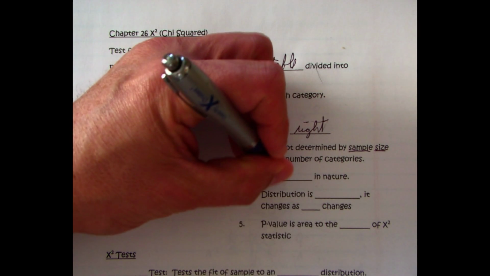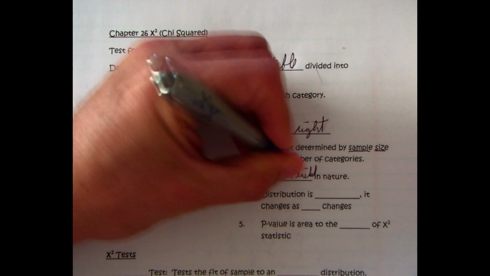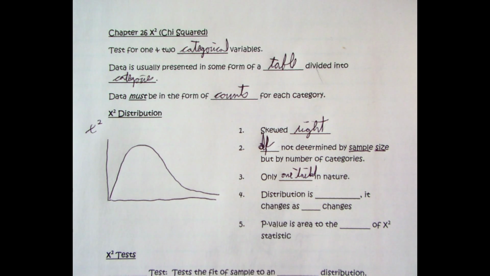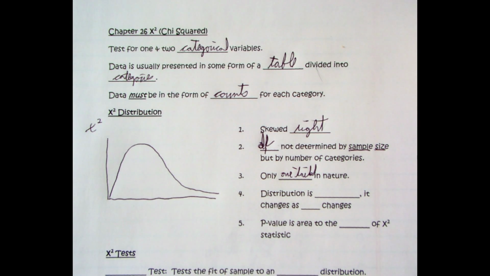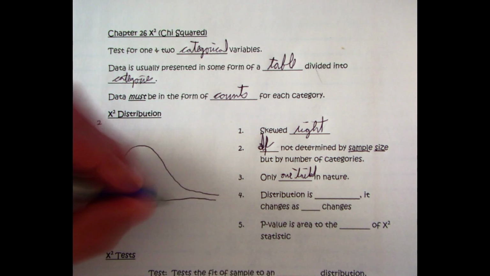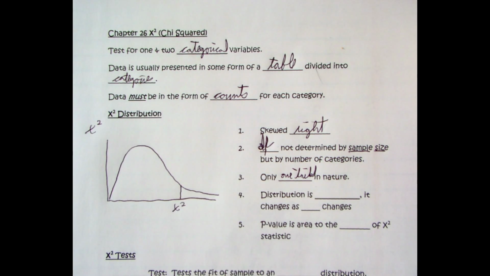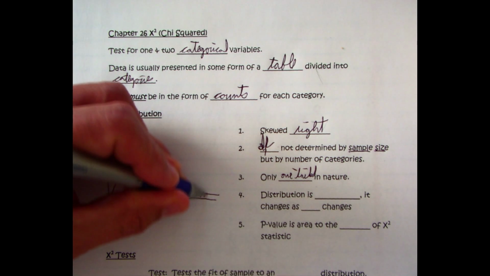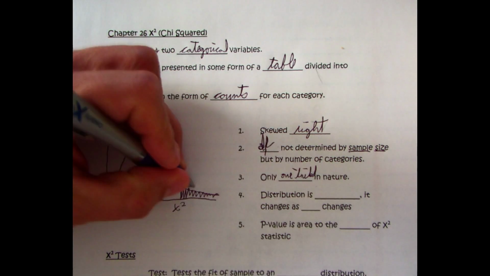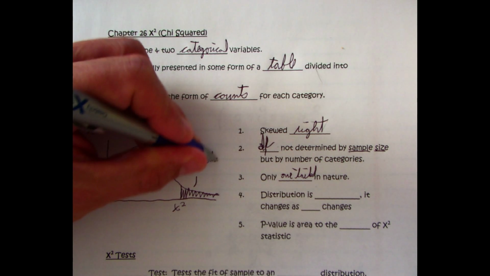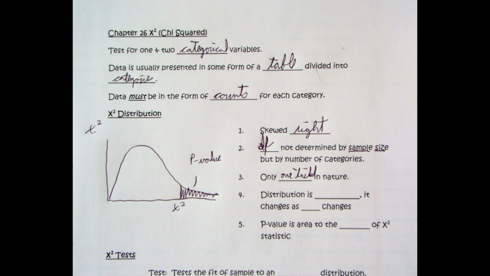It's only one-tailed in nature, and again, you're going to calculate like you did with a proportions test. You calculated a z-value, and you tested the area of that z-value that was either above or below. But here you're going to test a chi-squared value, and whatever that chi-squared calculates out to be, you're only going to test that area to the right, and that area to the right is going to be your p-value. Now, you're going to reject or fail to reject the exact same way.